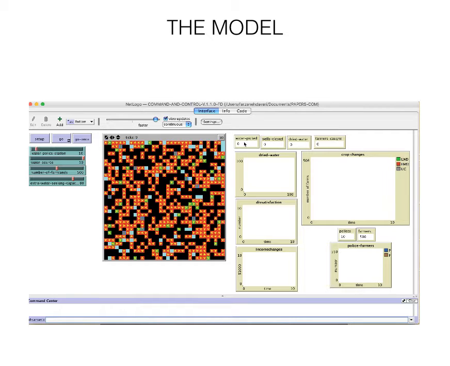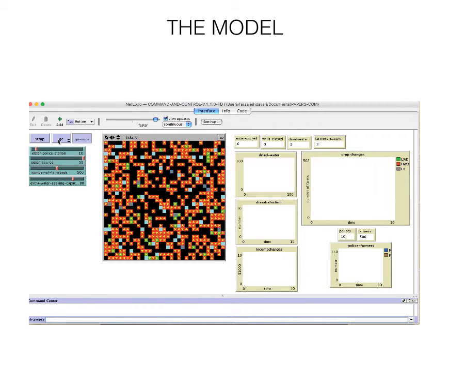There are water picked, wells closed, dried water, and farmers caught. Two other outputs are unwanted consequences of the policy: dissatisfaction of farmers and their income loss. So, income changes. The model that I'm demonstrating is based on a satisfactory policy.